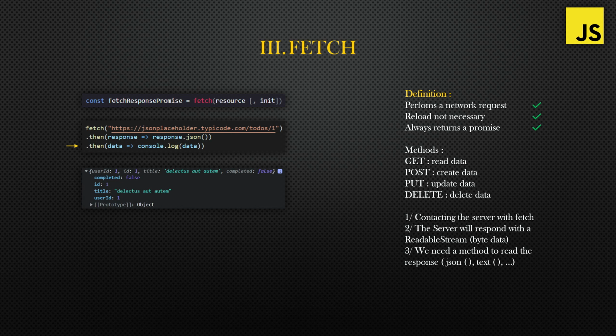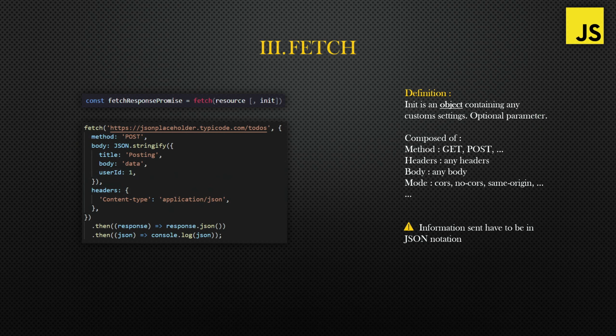You can very easily read the value with, for example, data.completed, which will return false, or data.id, which will return 1. I've made a previous video about reading values in an object if you need to know how to read values.